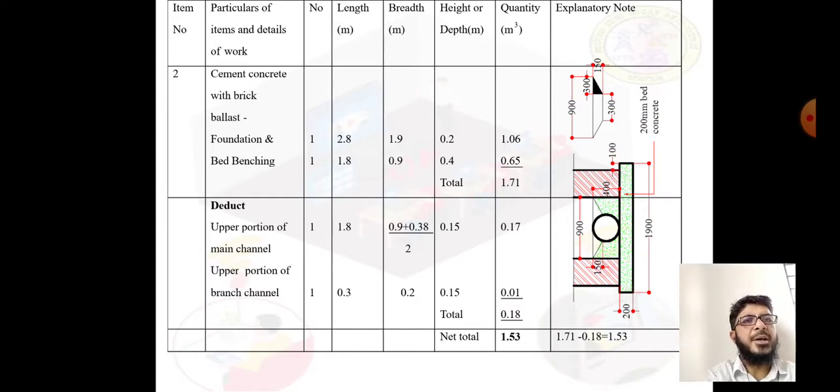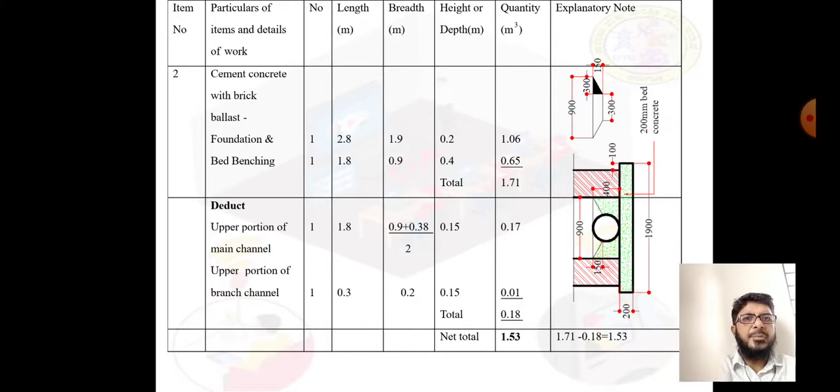Then the tapering part will be deducted later on, and a deduction is done for one branch line that will be joined to the main sewer. That also we will calculate in the deduction part.